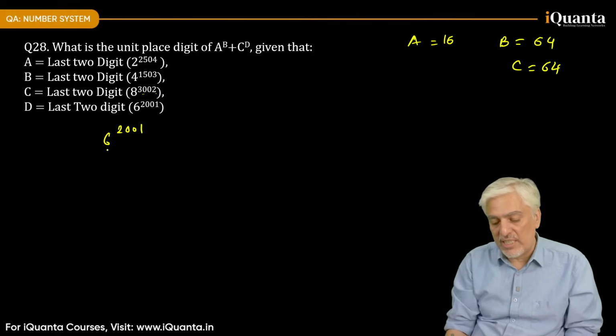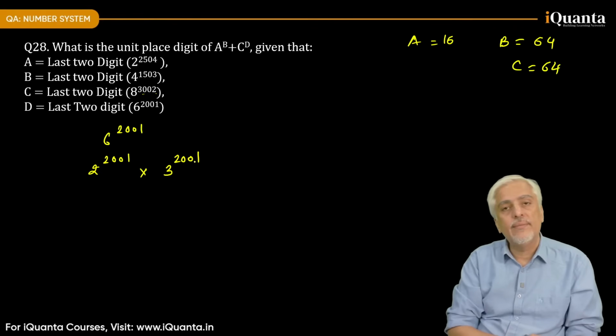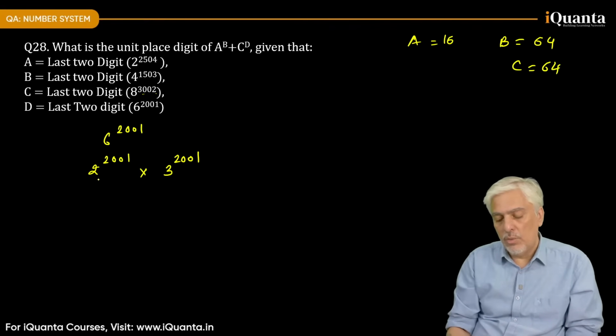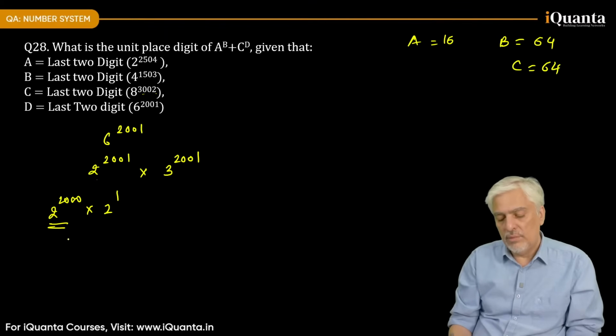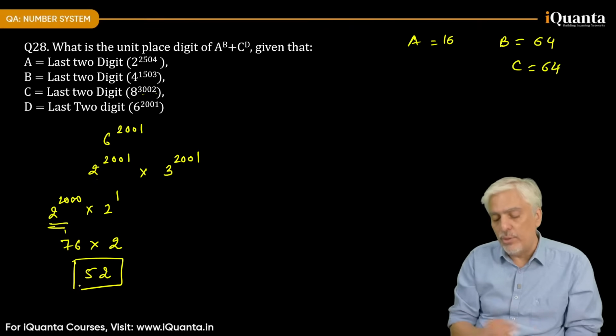Yes, 6 में एक एक्स्ट्रा स्टेप आएगा. We'll have to do 2 raised to 2001 and 3 raised to 2001. What will we get? Same method. 2 raised to 2000 multiply by 2 raised to 1. ये मैं फटाफट कर रहा हूं. This will come in 76. 76 2s are 12, 1, 14, 52. So this will end in 52.